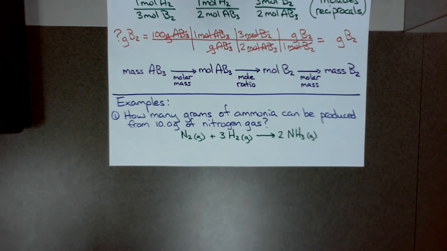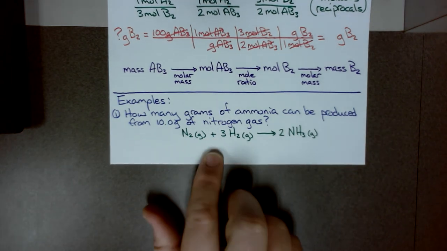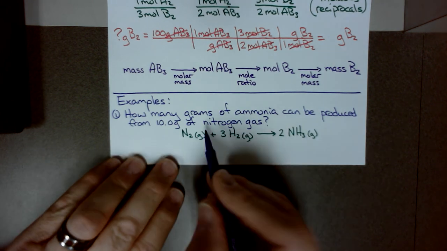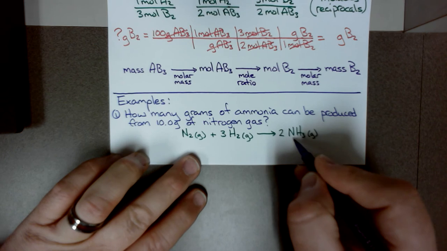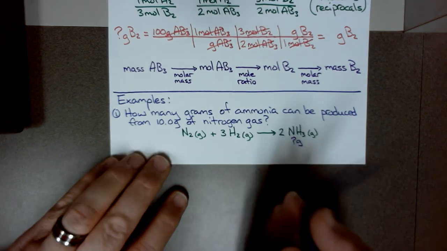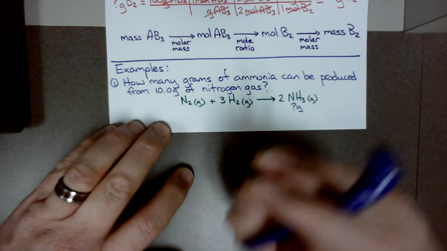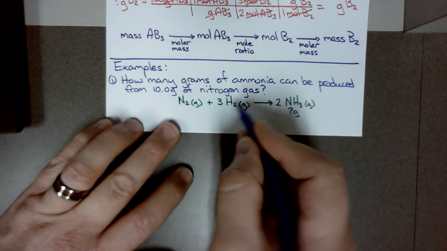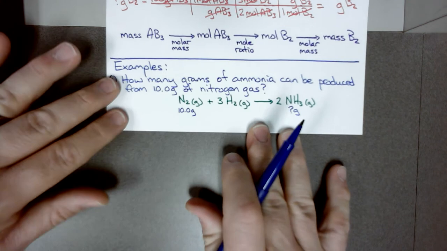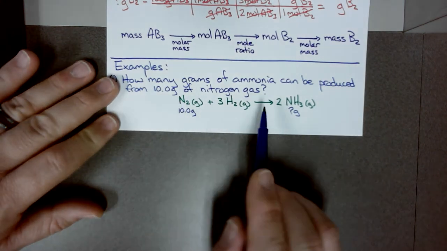Now I'm going to write my information. I'm kind of running out of space. I didn't think I was going to need that much space, but we'll do it anyway. It says how many grams of ammonia, so I want to know how many grams of ammonia will react with 10 grams of nitrogen. So again, we're looking at the 1:2 ratio.